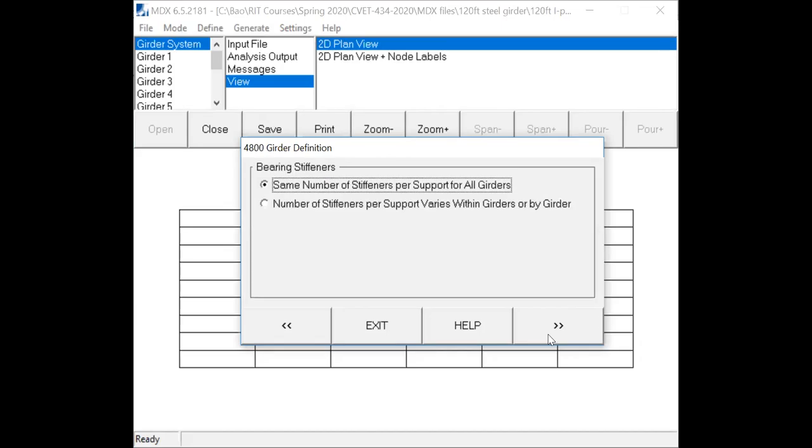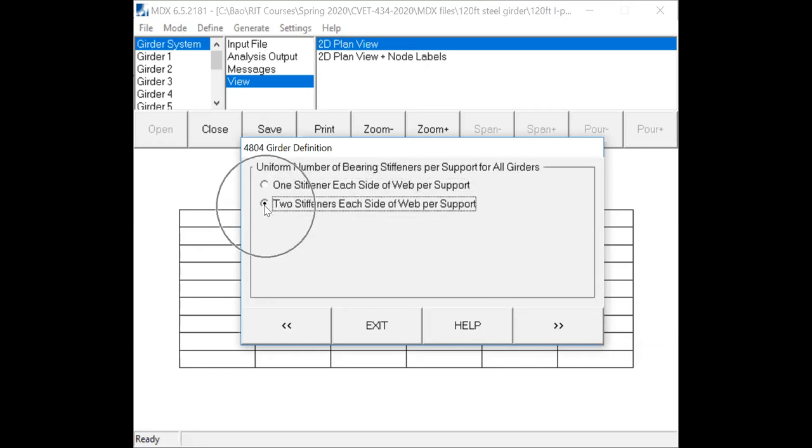Go to the next, the bearing stiffeners, and we'll use the same number of stiffeners per support for all girders. So all girders have exactly the same stiffener design. And we'll use 2 stiffeners, and usually we do 2 stiffeners each side, okay?